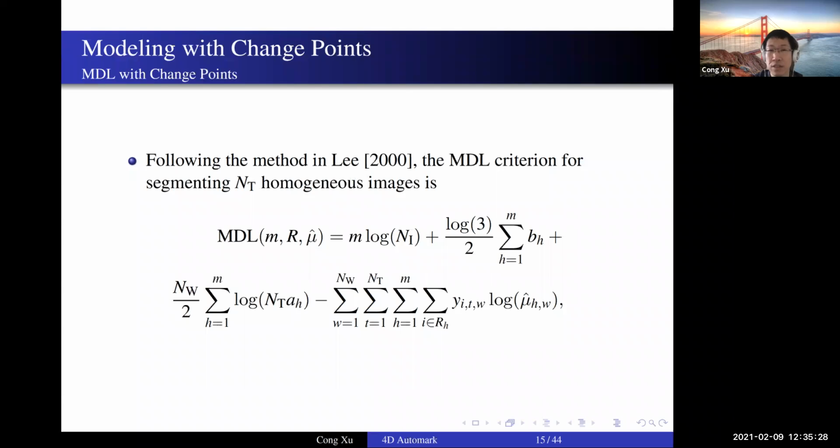Actually, the way to encode it is not unique, of course, and we don't really have a solid standard to determine how we code it.